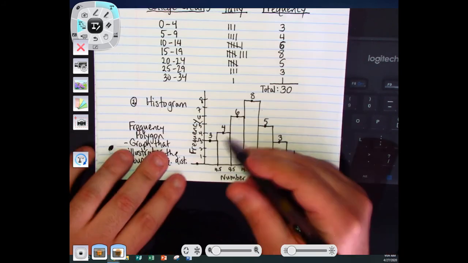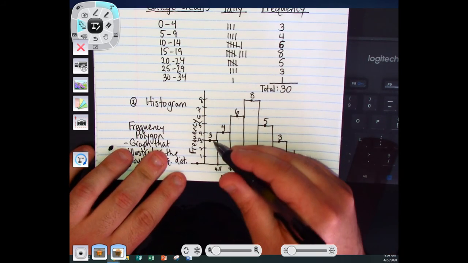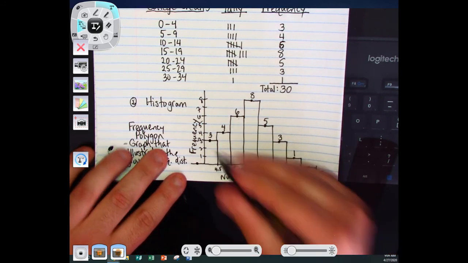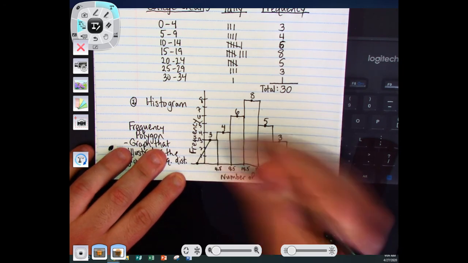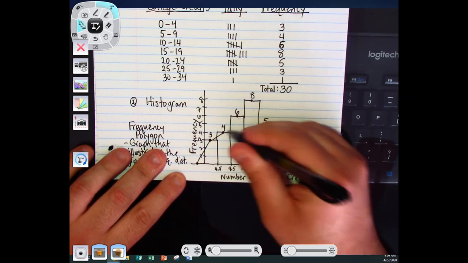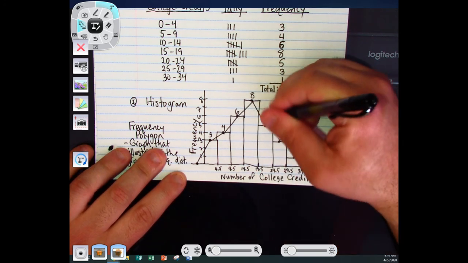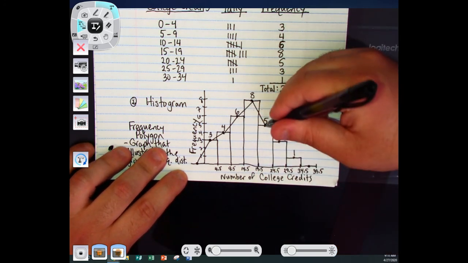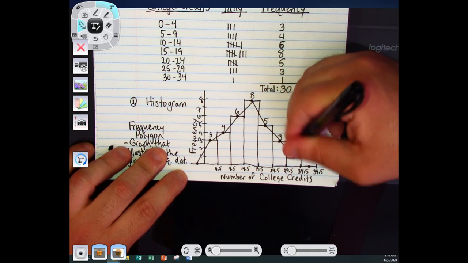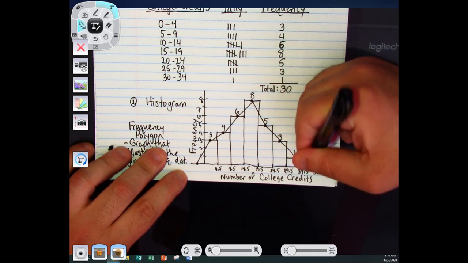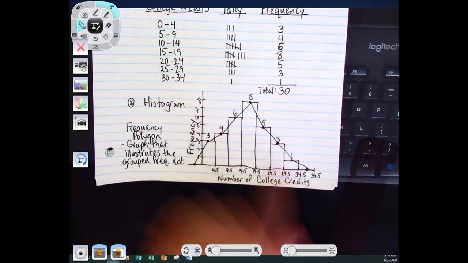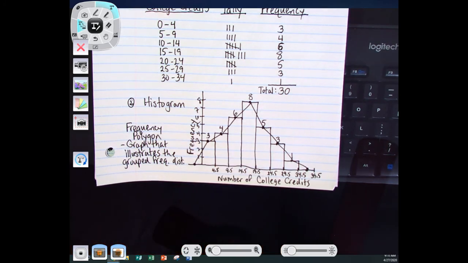Then what I'm going to do is sketch a line segment connecting each of those points. So a frequency polygon would look something like this.